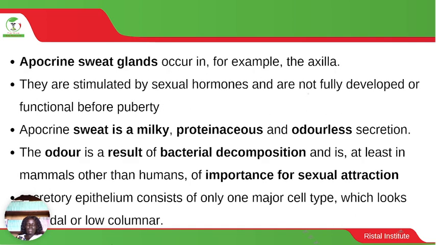Apocrine sweat glands occur in, for example, the axilla. They are stimulated by sexual hormones and are not fully developed or functional before puberty. Apocrine sweat is a milky, proteinaceous, and odorless secretion.